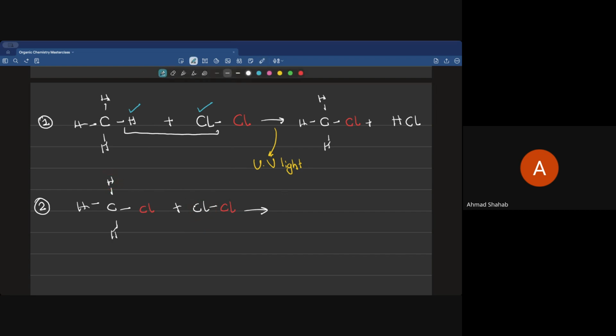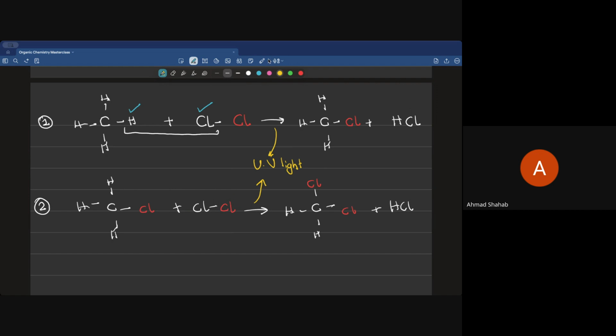So if this chlorine and this hydrogen escape as HCl, then this chlorine will replace the hydrogen that left. So यहाँ पर we will have hydrogen. We already had a chlorine here, and now a new chlorine was added here, and as a result, यहाँ पे HCl produce हुआ, right? Again, the condition that is very, very important here is UV light as well.